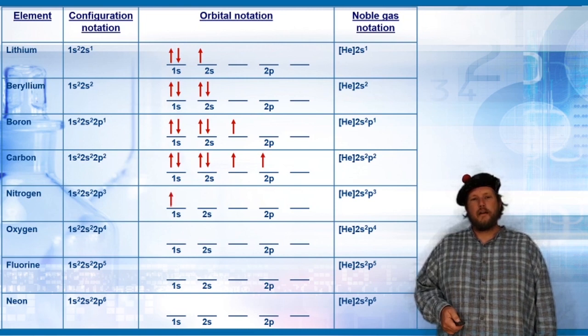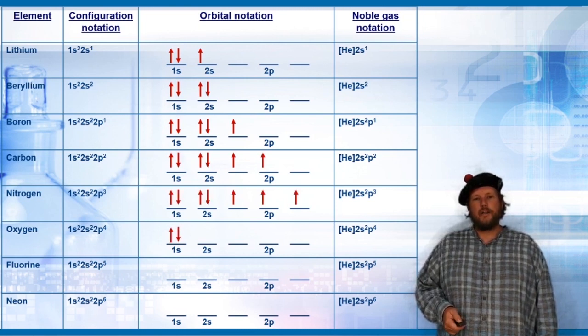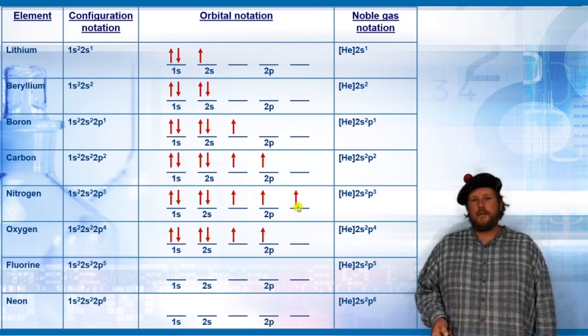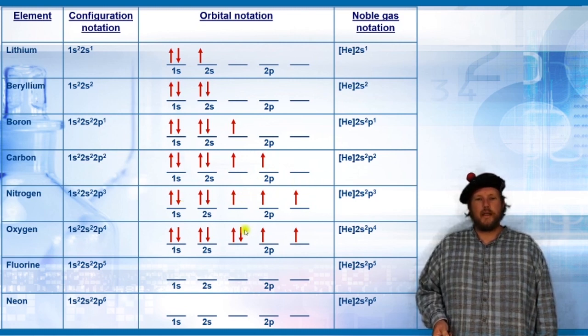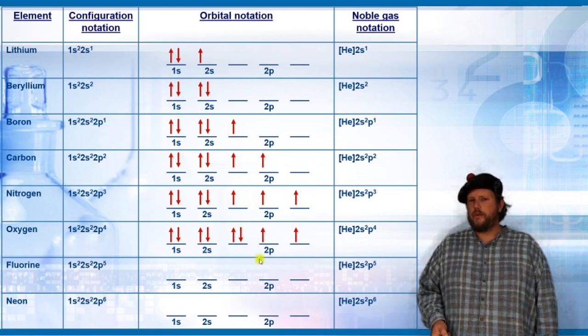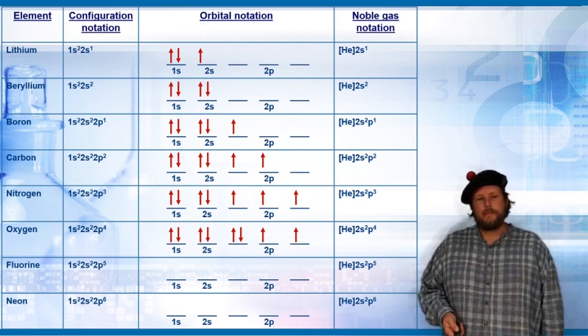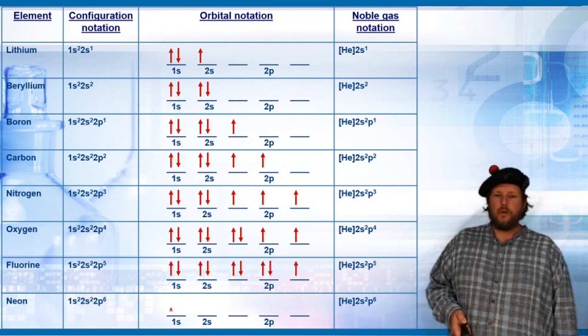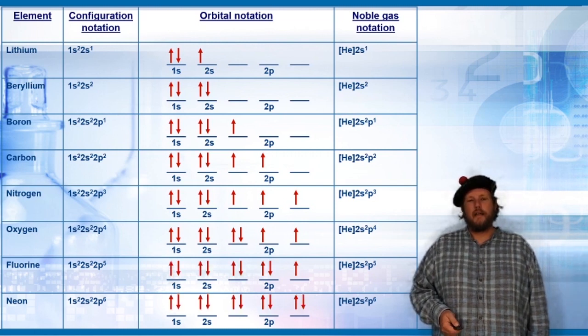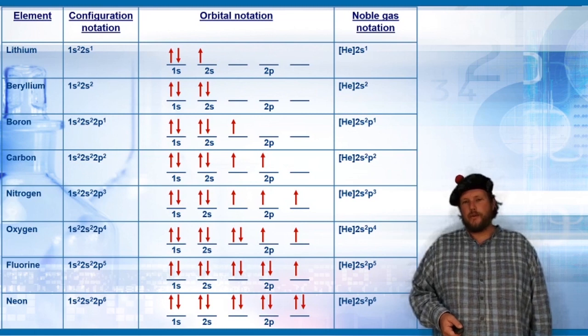Boron, carbon, nitrogen. You'll notice that we actually put 1 in each of the 2p orbitals before we start doubling up. We don't double up until we get to oxygen because they want to be half filled before they're completely filled. Fluorine gives us a similar idea, and neon fills all of those.